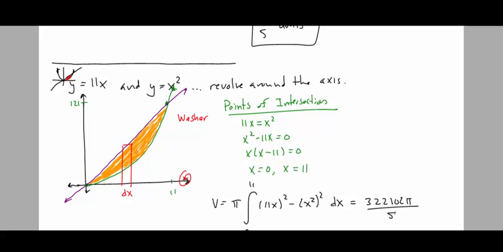Now on a test or a quiz, depending on how we have these set up, and definitely on your handwritten homework, you should be able to integrate this, and the evaluation, I wouldn't worry so much about, but you should be able to set this up and integrate it at the very least and evaluate it with reasonable numbers, but I wouldn't expect hundreds of thousands in your values here.